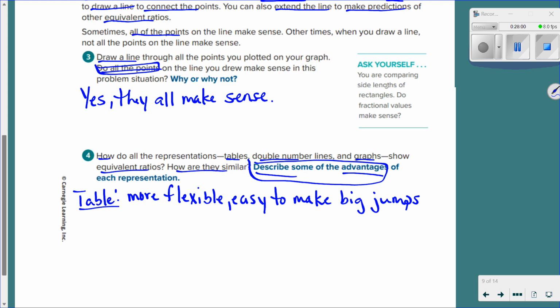What about the double number line? The one that we just showed you pointed out a huge advantage on a double number line, right? What do the double number lines make it? What's the advantage there? Sawyer? It's easier to notice missing intervals, right? Easy to see missing intervals.